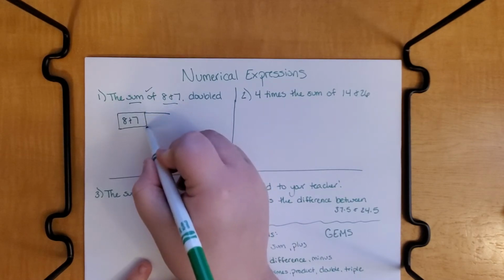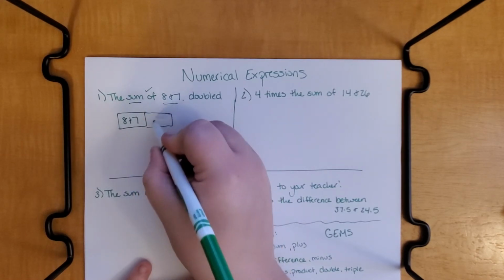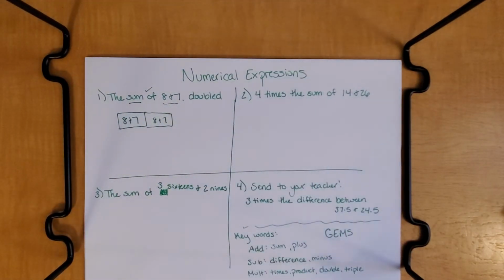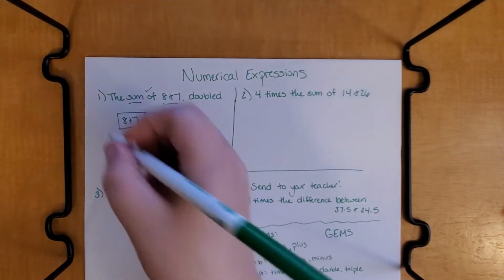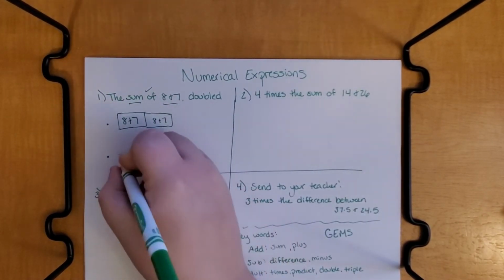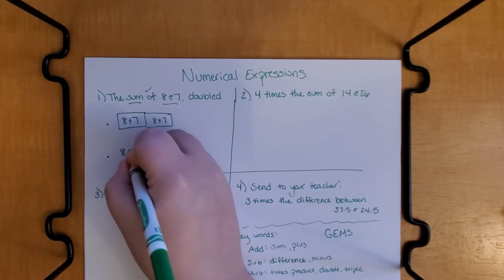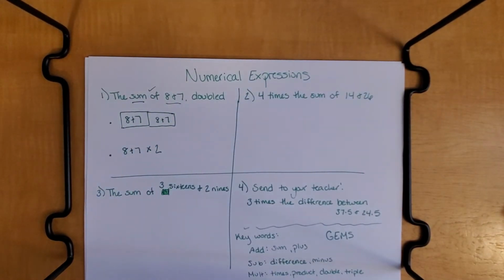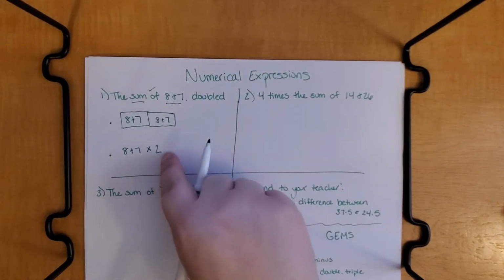So I'm going to make sure I give it 2 rounds of 8 plus 7. Okay, so there was step 1. Step 2 was to actually write that out as a problem. So let me do 8 plus 7 times 2. Is that good like it is, or do I need to do something to make sure this says this?